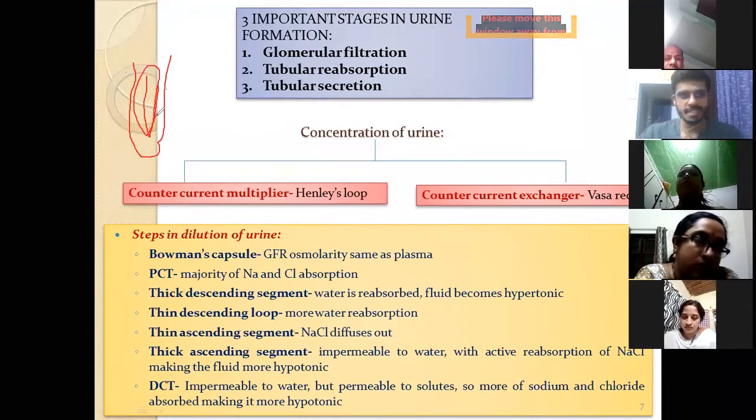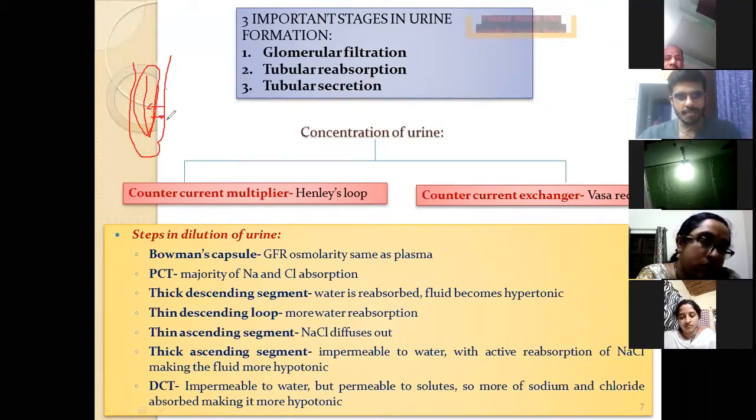This is to facilitate movement of ions within and outside the Henle's loop. Movement of ions keeps occurring from the Henle's loop to the interstitial fluid and back in a cyclic manner. This helps maintain the concentration of the interstitial fluid and the end concentration of the urine.